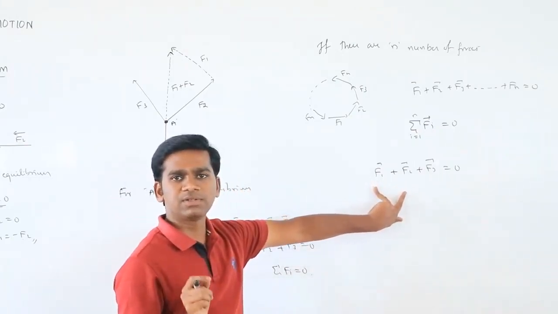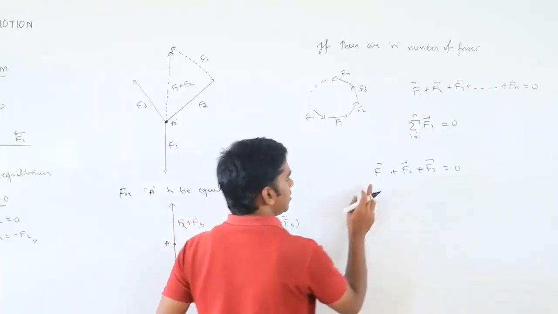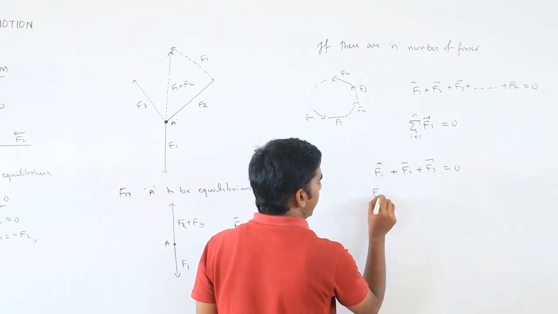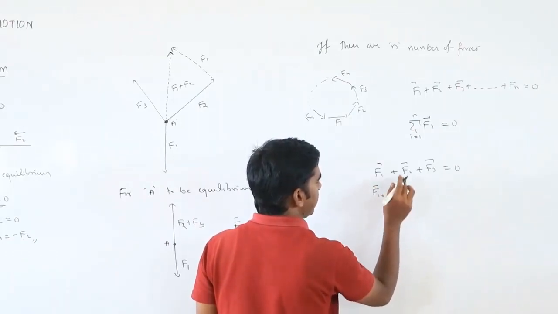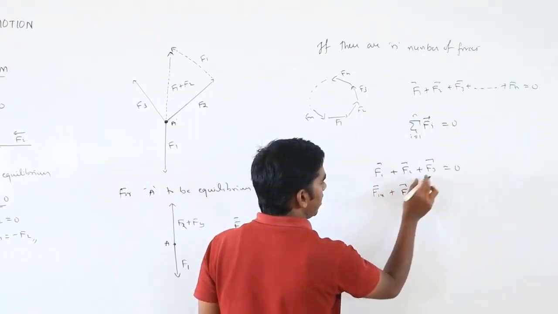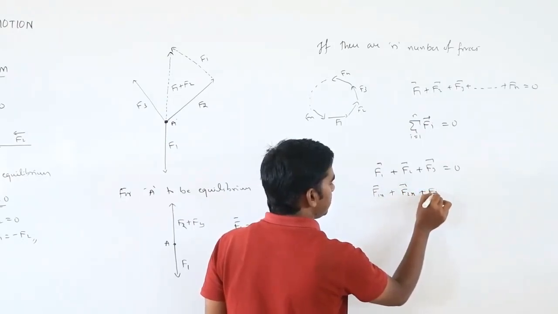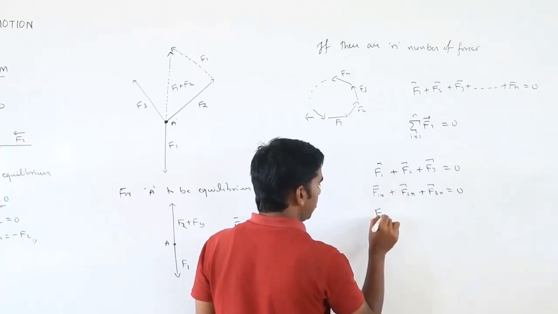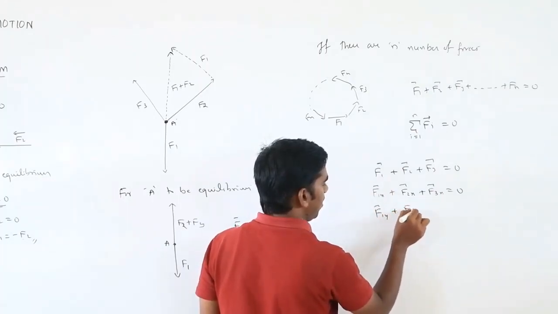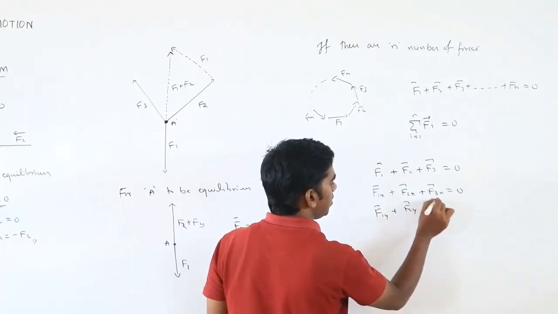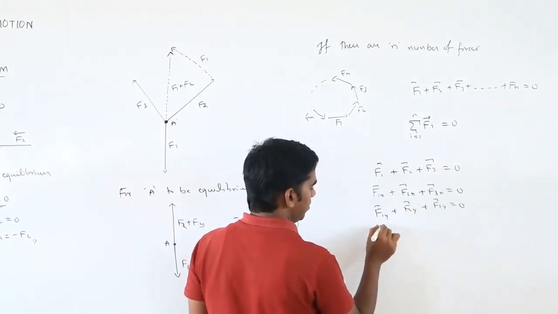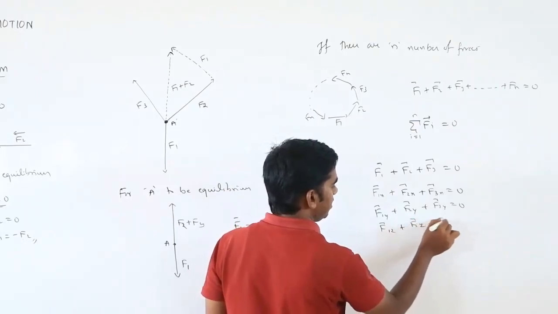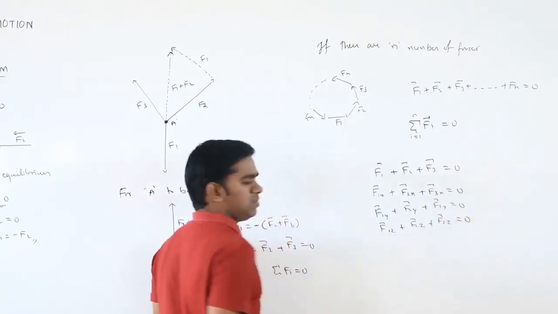Suppose you take its components: F1x plus F2x plus F3x equals 0. Similarly, F1y plus F2y plus F3y should be equal to 0. Similarly, F1z plus F2z plus F3z should be equal to 0.